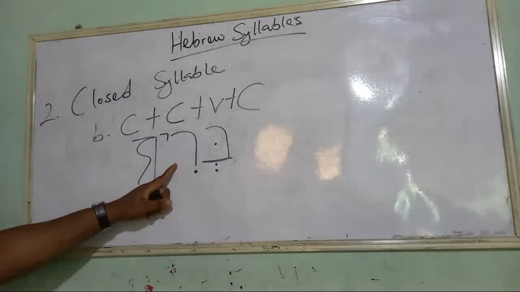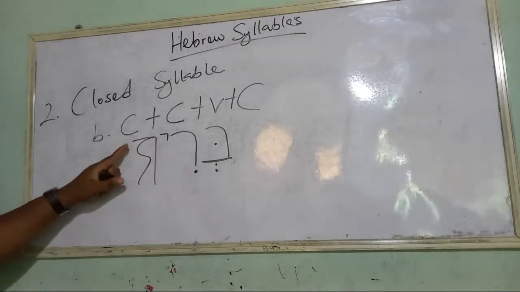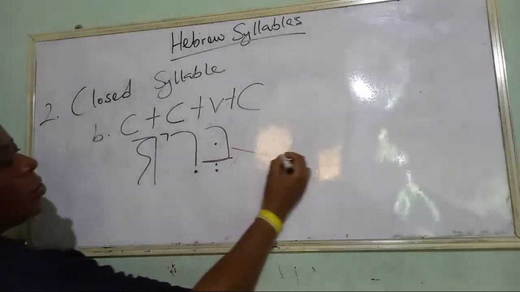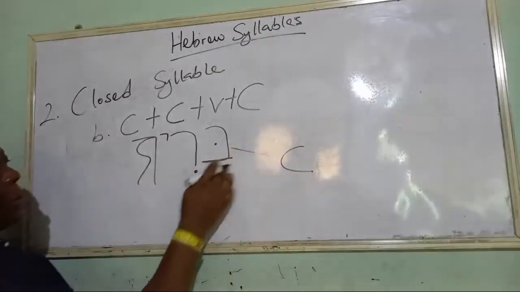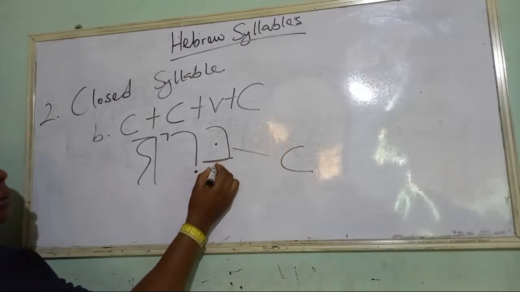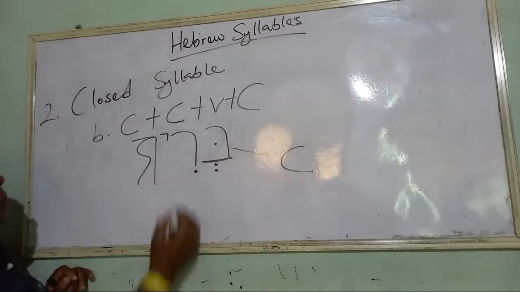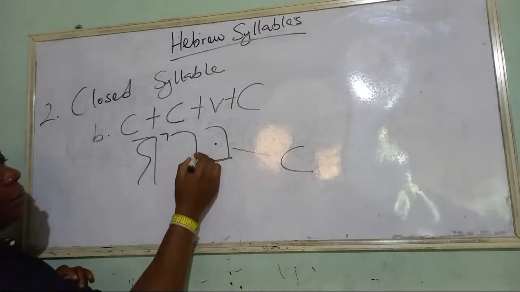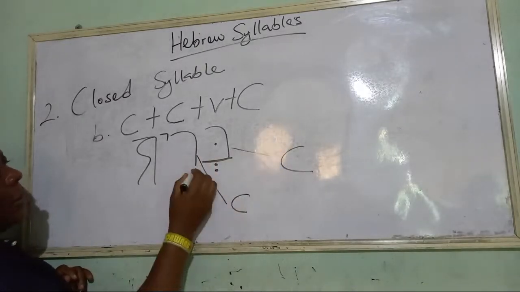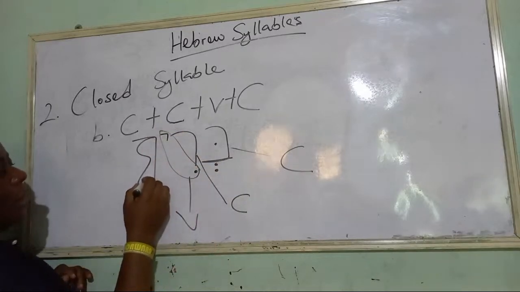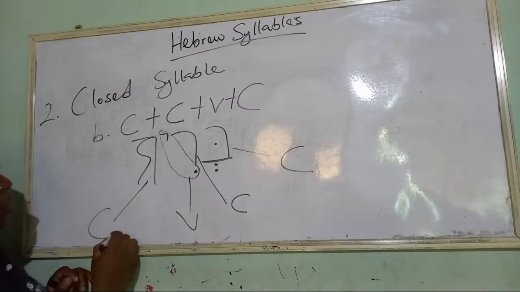Don't forget, we don't reckon with a half vowel in a syllable. So we have beit, you have the bet consonant, then you have the vowel, and you have the tav, which is consonant.